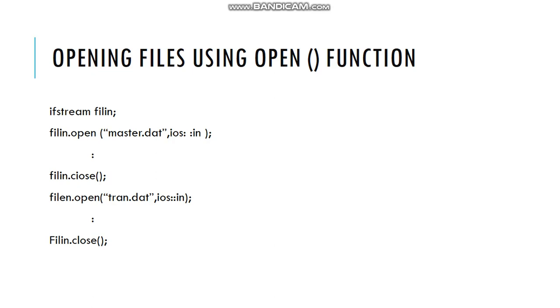If the situation requires simultaneous processing of two files, then you need to create a separate stream for each file. However, if the situation demands sequential processing of files, then you can open a single stream and associate it with each file in turn.